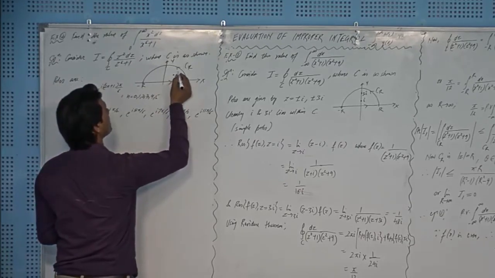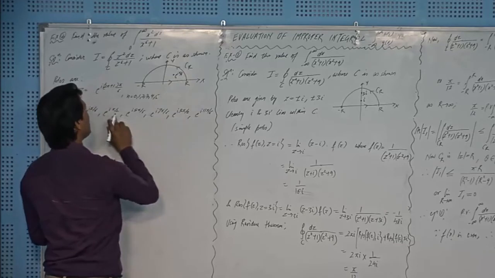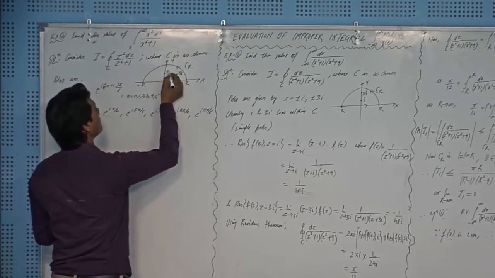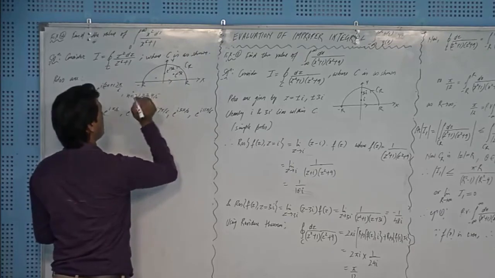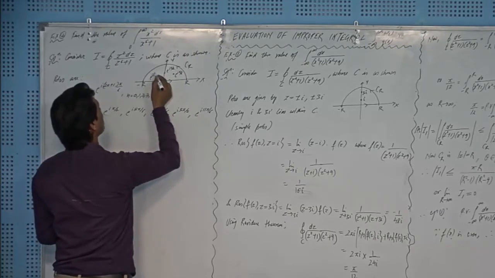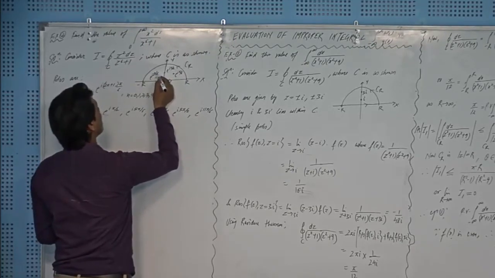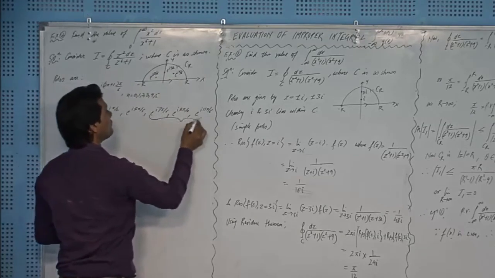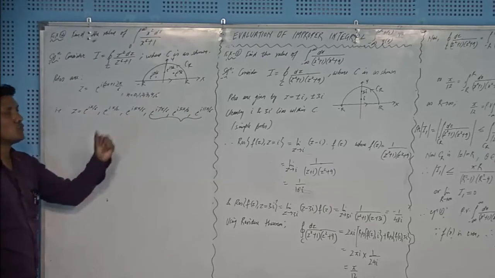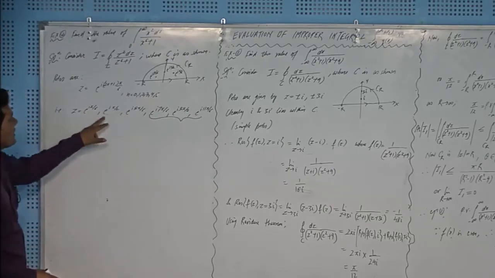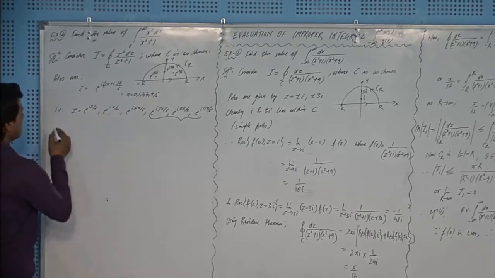And e to the power i pi by 2 will be here, and the third one will be e to the power i 5 pi by 6. The rest of these three poles will not belong to our contour, right? Only these three will qualify, and all of them are simple poles, right?